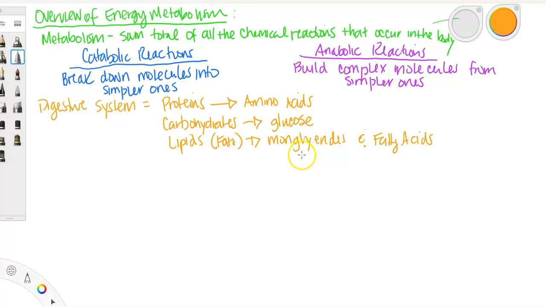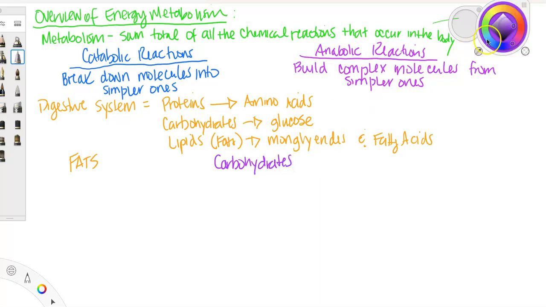Okay, so what happens then? What is the fate of these different molecules that we eat? So fats, carbohydrates, and proteins.